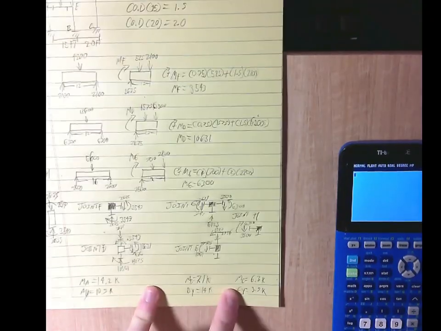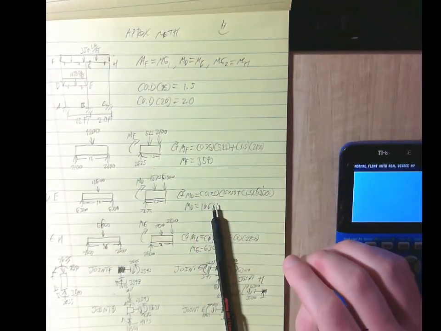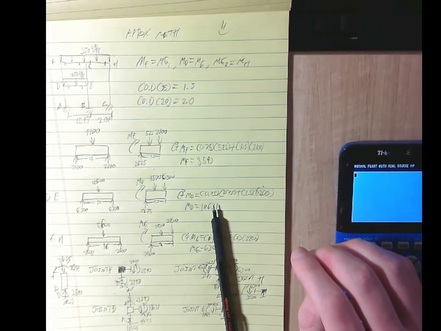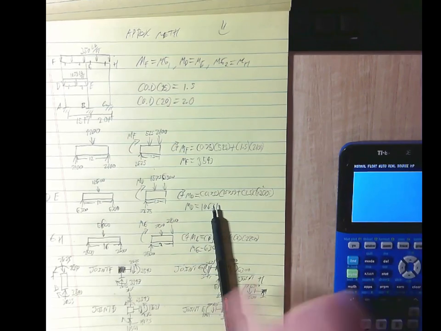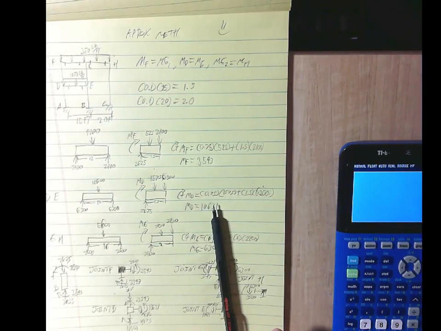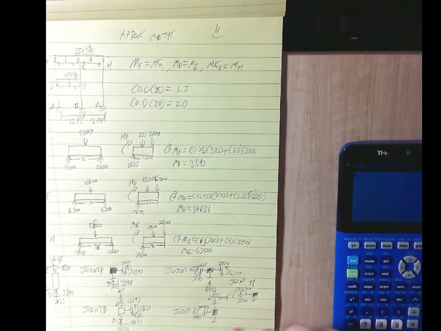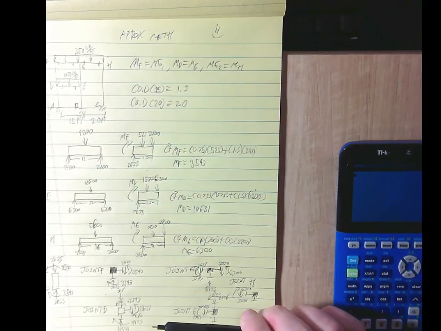So there you are. Hopefully this is all good. Let me check. AY 10.5. BY is 14. And this is 3.5. Yep. That's all correct. And now let's do the moments. Moment A is 14.2.